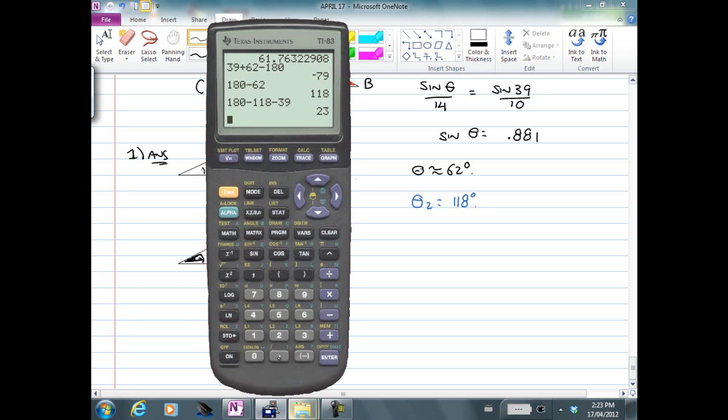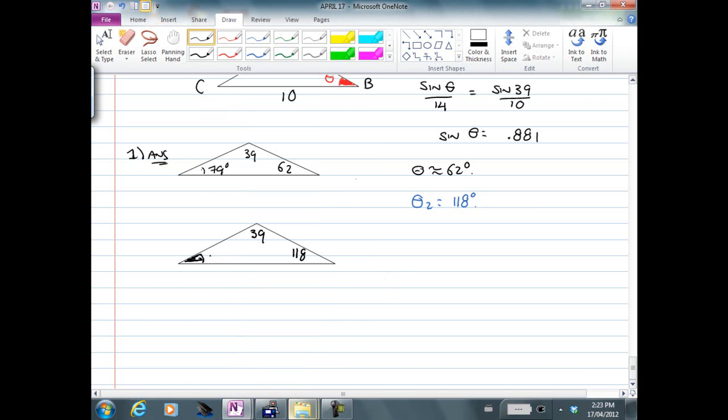Is it possible? Oh, it is possible. 23. So this other angle, so in this case, look at this. I have two answers because I just showed you my two possible triangles. One here and one here. 39 is always there to begin with.